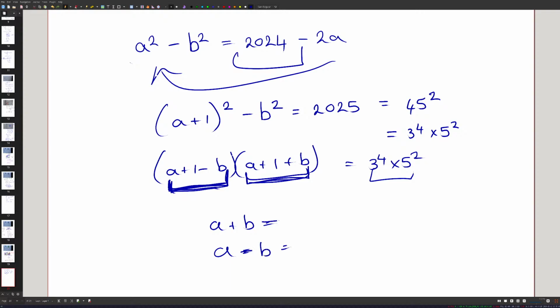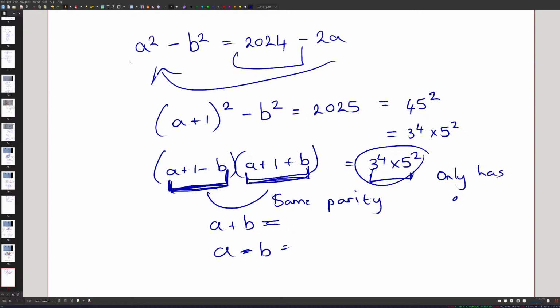So this always has a solution. You can add them and then divide by 2 to get a, subtract them and divide by 2 to get b, but the restriction on that is that these two factors have the same parity. And so as long as they have the same parity, you can solve this equation. Now this is guaranteed because this only has odd factors.